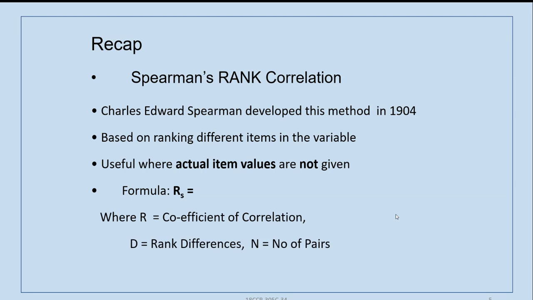And we have also seen Spearman's rank correlation, which is designed by Charles Edward Spearman in 1904. And this method is based on ranking or assignment of ranks to the variables. And this method is useful where actual item values are not given.